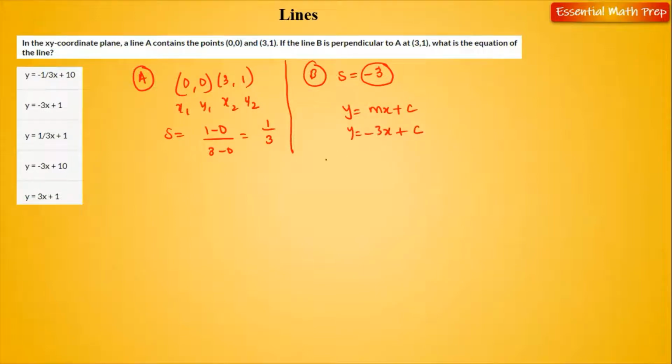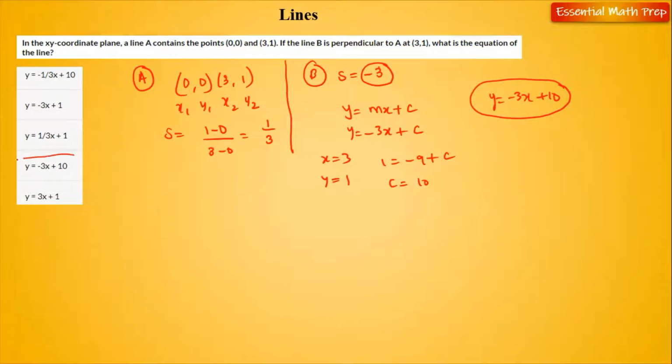And we know it passes through (3, 1), so x equals 3, y equals 1, which implies 1 equals negative 9 plus c, so c equals 10. That implies y equals negative 3x plus 10 is the equation for line B. Is there a choice that matches this? An exact match is available, and choice D is the correct answer.